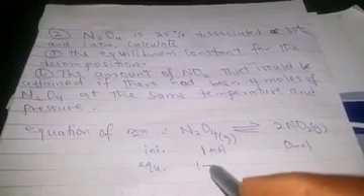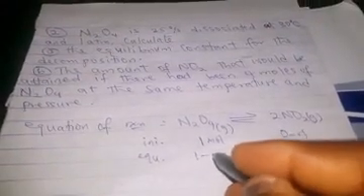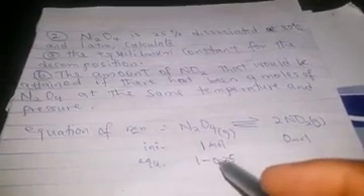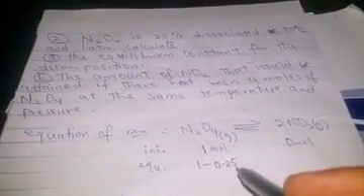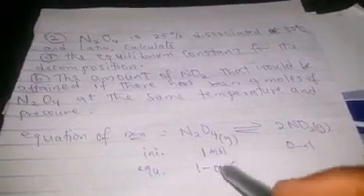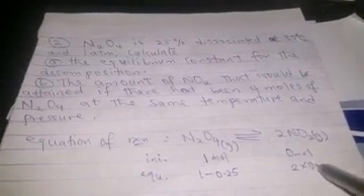Here, the equilibrium amount would be 1 minus 0.25, because it is dissociated by 25%. 25% means 0.25. When you say dissociated by, that means what is remaining should be 1 minus 0.25. And if this is reducing by 0.25, this will increase by 2 times 0.25.